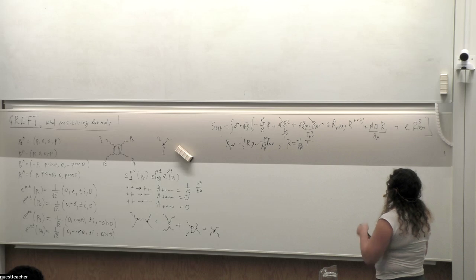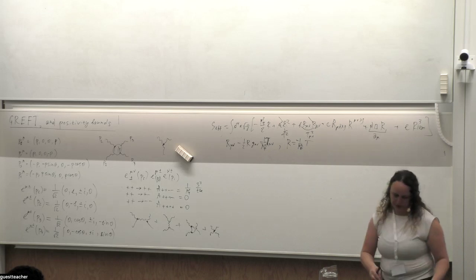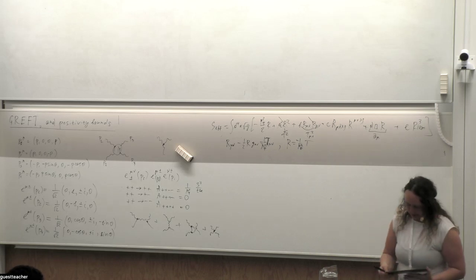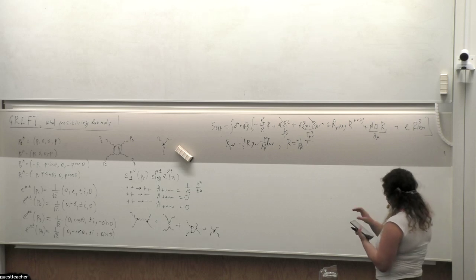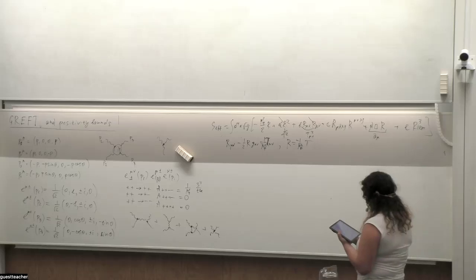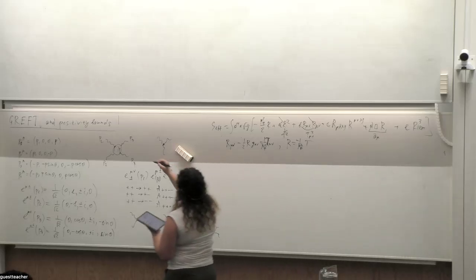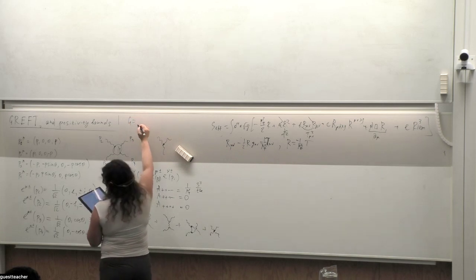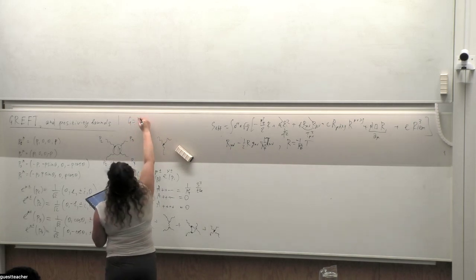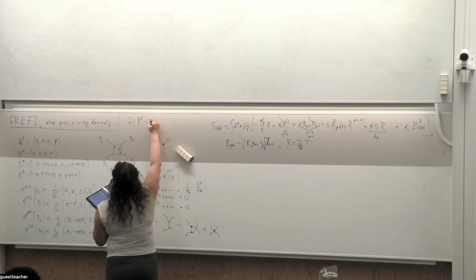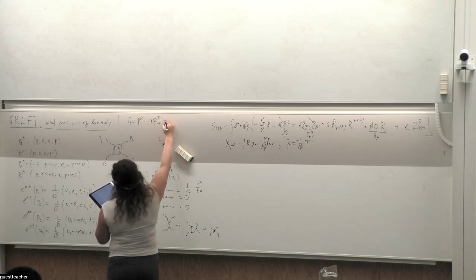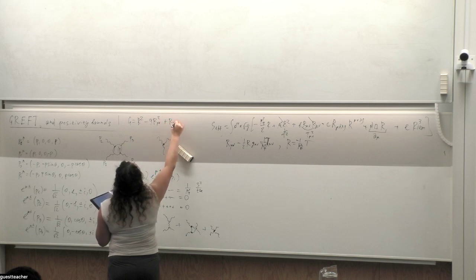In 4 dimensions, we also know that there is a Gauss-Bonnet combination, which is a total derivative. The G term is R squared minus 4 R mu nu squared plus R mu nu lambda rho squared.